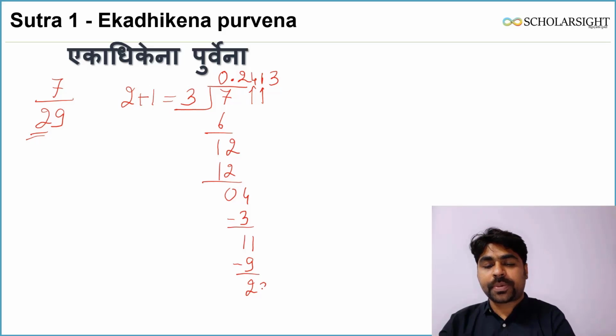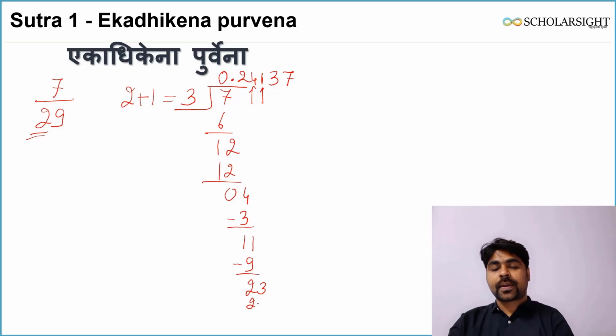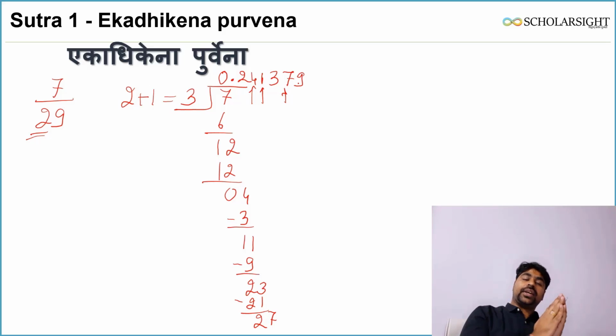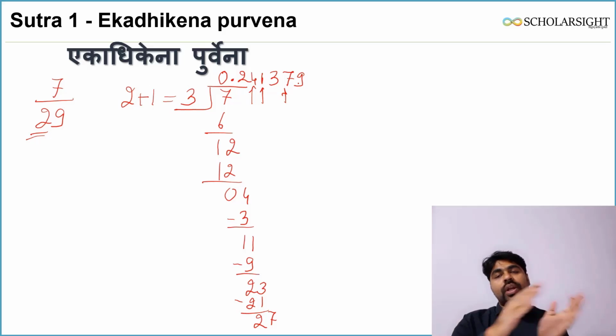Now 3 would get copy pasted here, 7 3s is going to be 21, 2 would come, again you have to take a 7, so that would be 27, and 9 would come. Again I am saying this would go on and on and on.